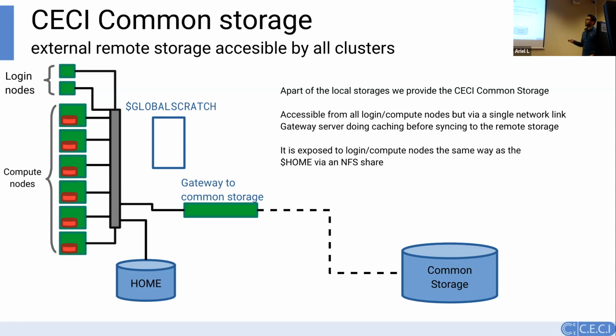So when you write there from Lemaitre3, if you connect at the same time to NIC5, you will not immediately see it on NIC5, but after some seconds or minutes at most, the data will be flushed and copied to the common storage solution, and then you will see it available from the other cluster.